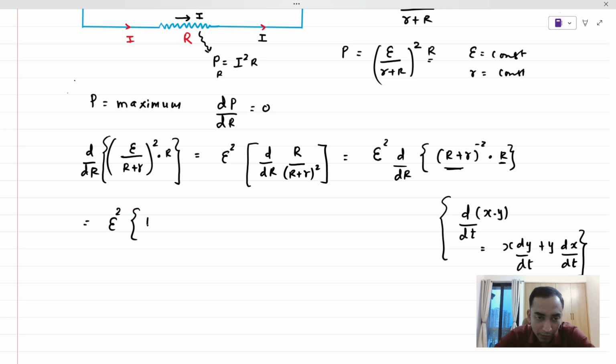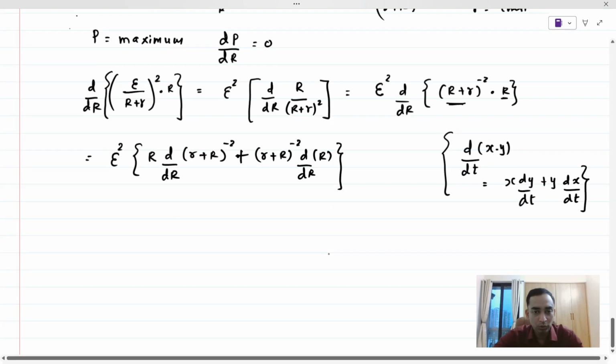In the first part, I'm going to take capital R as constant, then d by dR of R plus r raised to minus 2, and then in the second part, R plus r raised to minus 2 has to be taken constant, and then d by dR of R. Correct? So stepwise I'm going a little bit slow, okay?